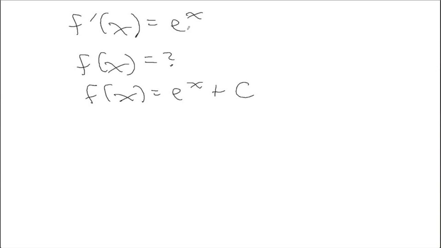Very good. Remember, this is what's called the natural exponential function. Of course, we would not use our power rule here. Why does the power rule for antiderivatives not apply? There is a power rule for antiderivatives, but it doesn't apply here because this is not a power function.